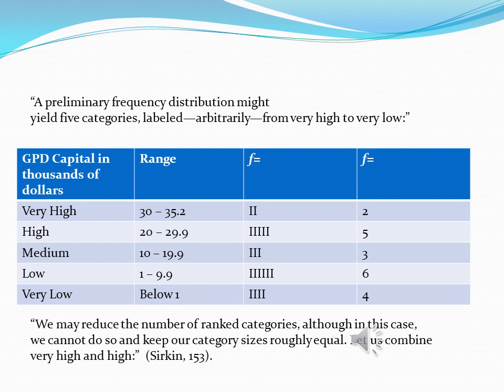The first is called very high, the second high, next medium, then low, and then very low. The next column to the right of this is entitled range. And notice this is reduced for the thousands of dollars, which is 30 to 35.2, which would be 30,000 to 35,200.